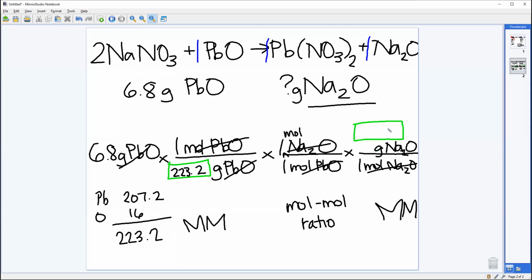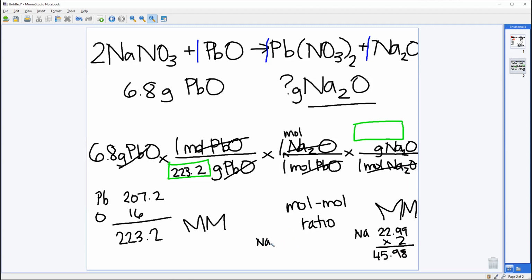Okay. And then over here, sodium has a molar mass of 22.99, but I have 2 of those. That subscript tells me that. So I'll multiply 22.99 times 2, which will give me 45.98. And then I've got 1 oxygen.